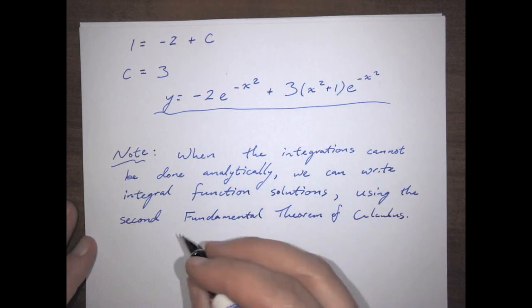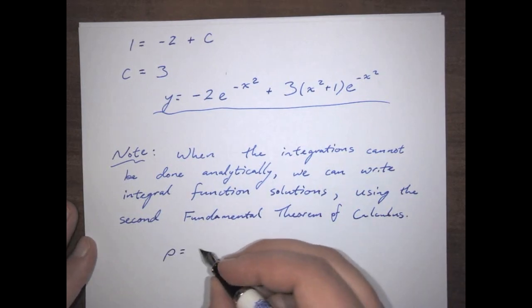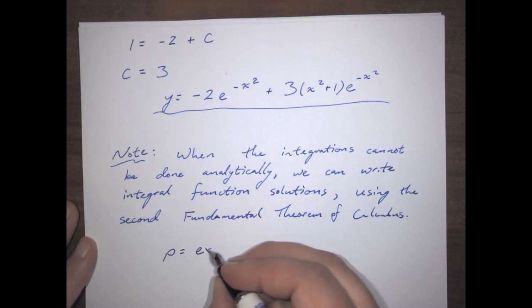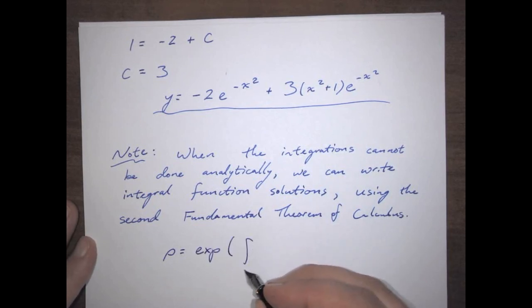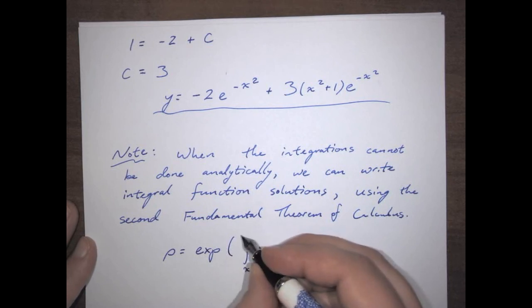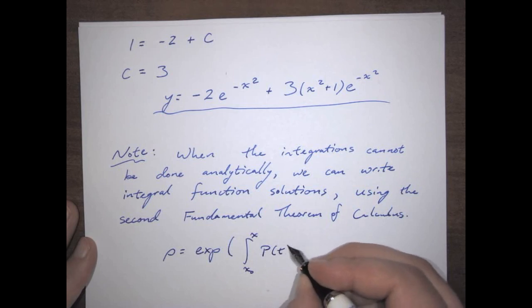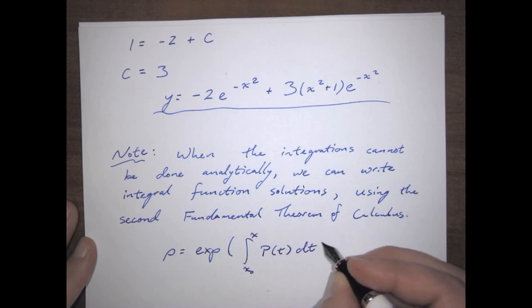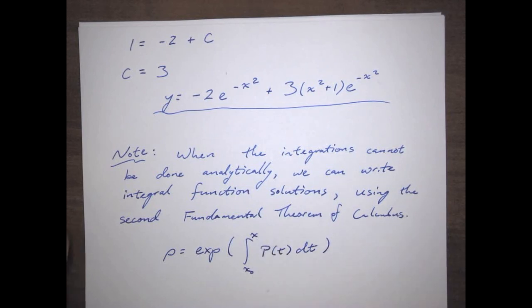And in particular, for example, we might have rho is equal to exp of the integral from x naught to x of p of t dt. Remember, this is a case where you have to change the variables because you can't use the same variable for your bounds of integration and for the interior of your integral.